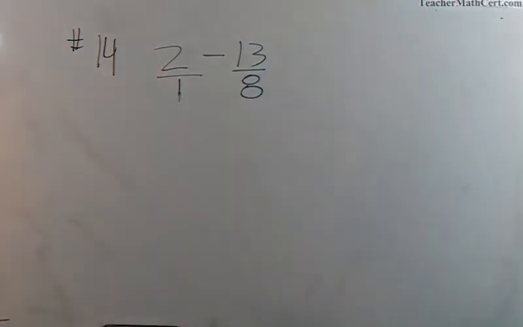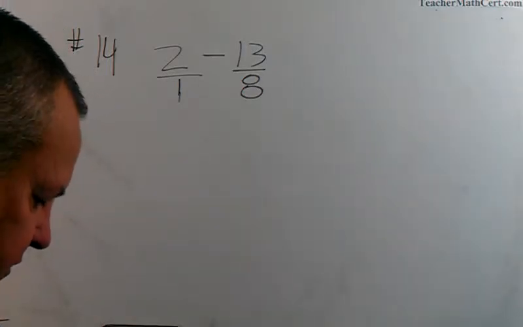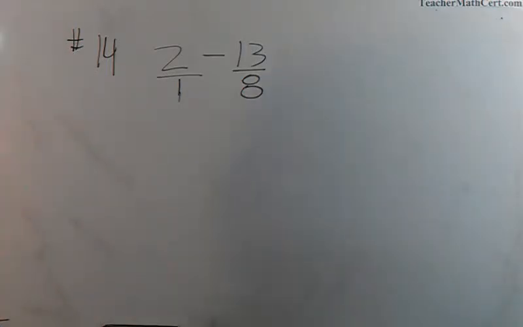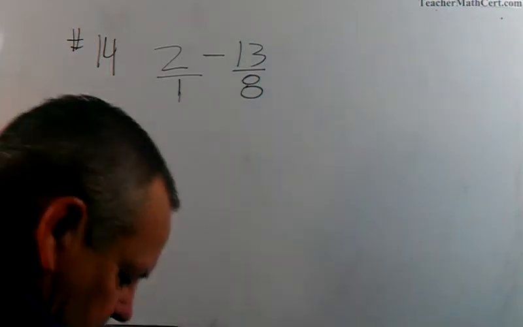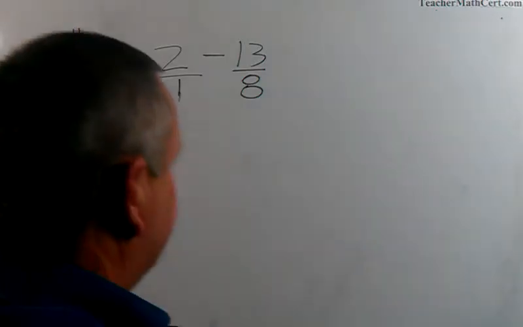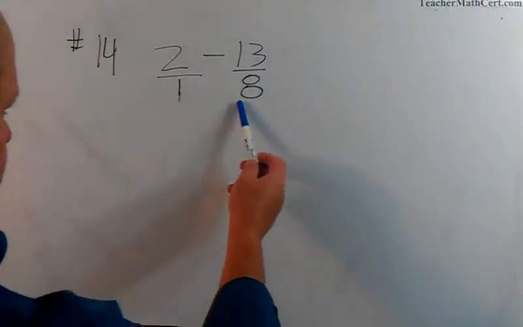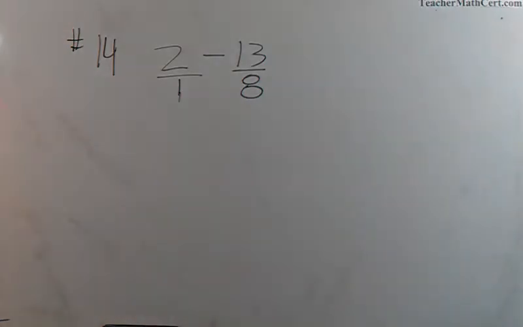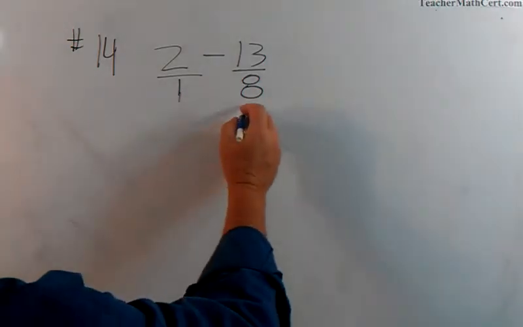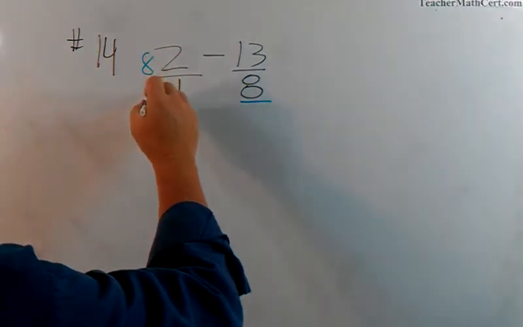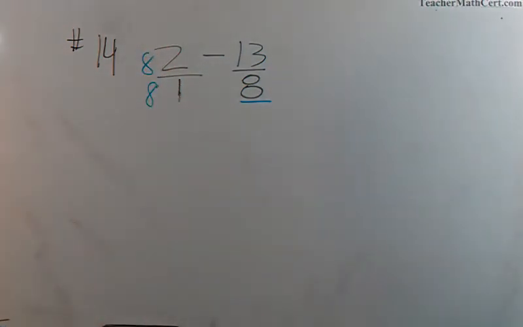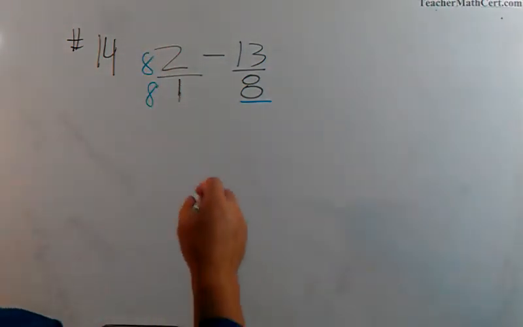It's now a fraction. So what's the rule for addition of fractions? If we don't have a common denominator, or we don't have the equal number of pieces of pie, we have to create that, right? How do we do that? We take this 8, multiply the numerator and the denominator of the opposite fraction.